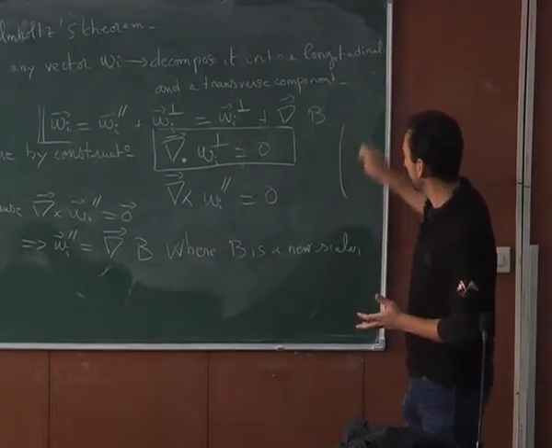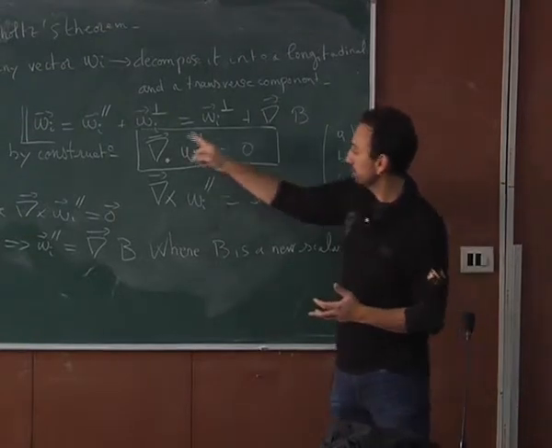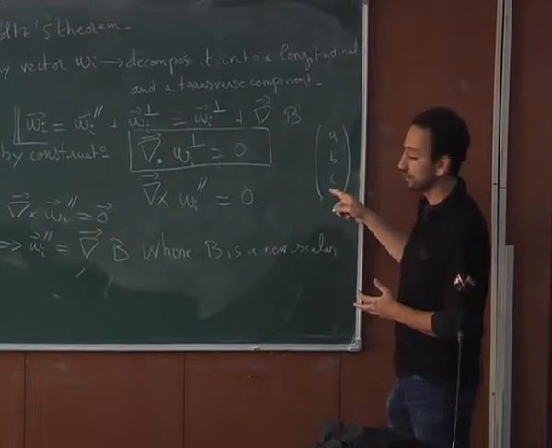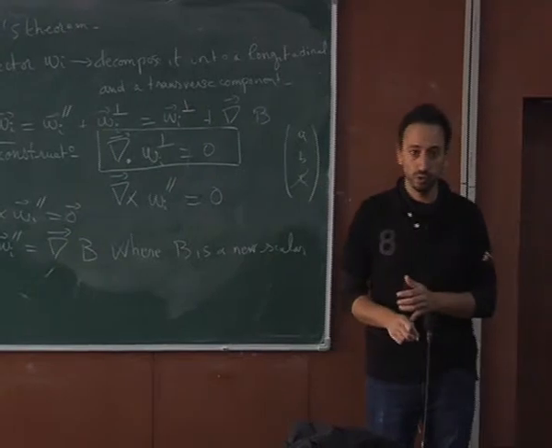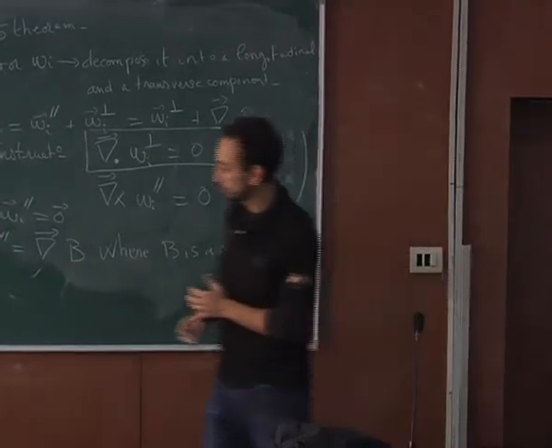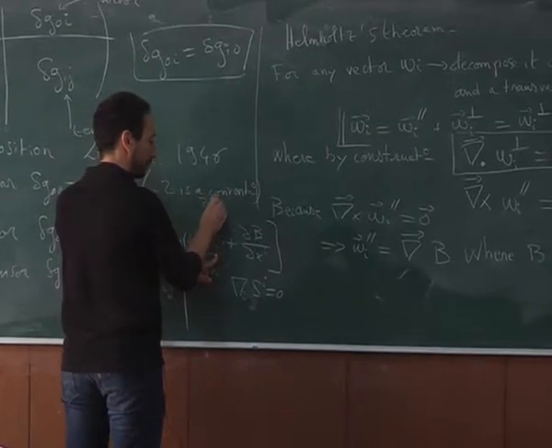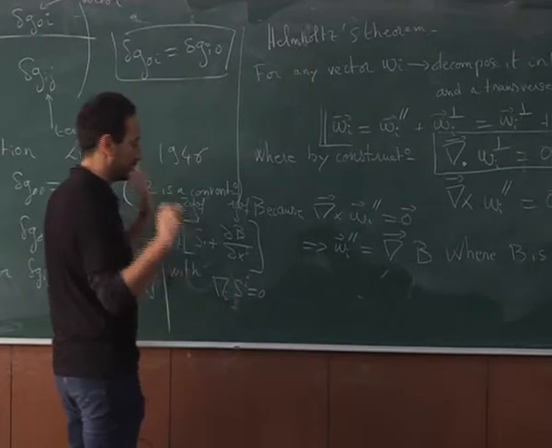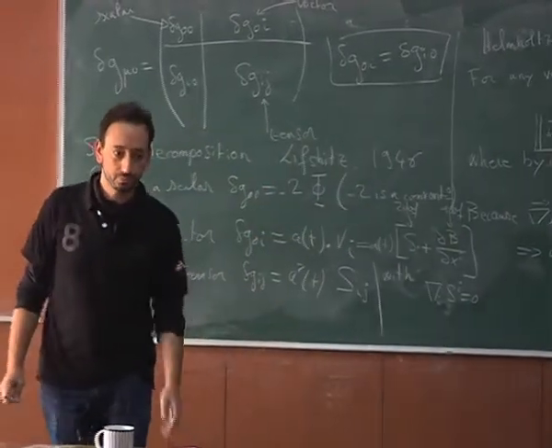We have a 3-vector like A, B, C, but because of this constraint, the derivative of this plus this plus this is equal to 0. So these 3 are not independent, and only 2 are independent. So this term has 2 degrees of freedom, and this one has 1 degree of freedom because it is just a scalar. So at the end we have 3, like a vector should be.